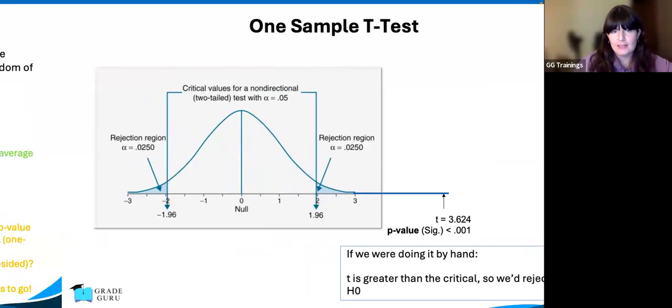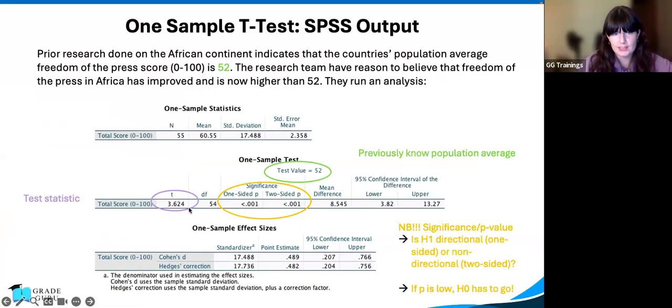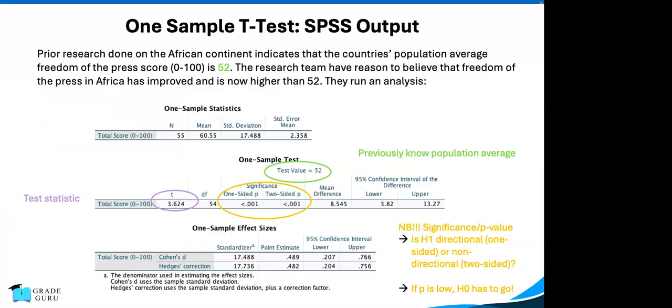Now based on this output, you see our T obtained was 3.624. Oh, Laura, yes. How do I know again if I need to look for one-sided or two-sided p? I know that I need to decide whether or not the H1 is directional or not, but how would I know if they only give me the output which one I need?